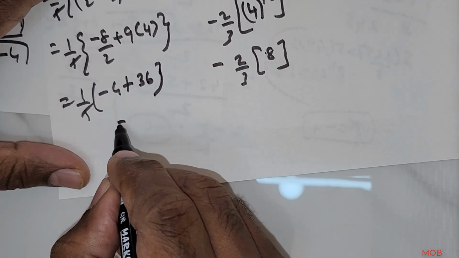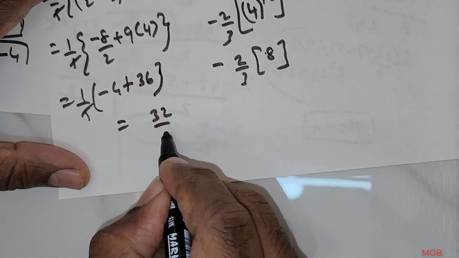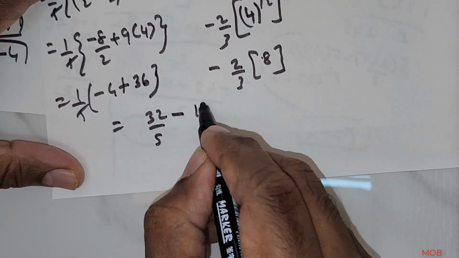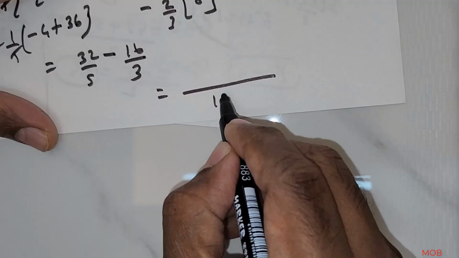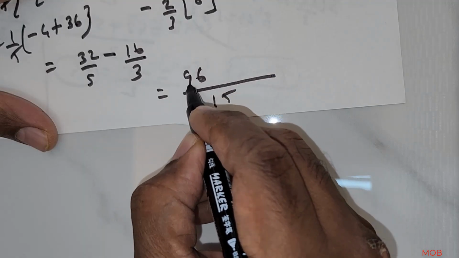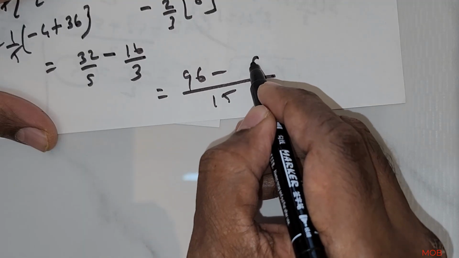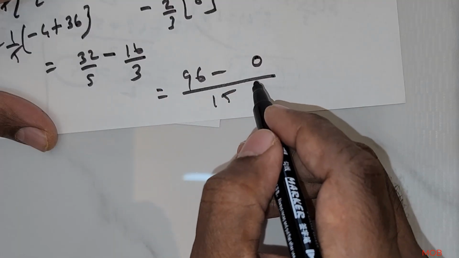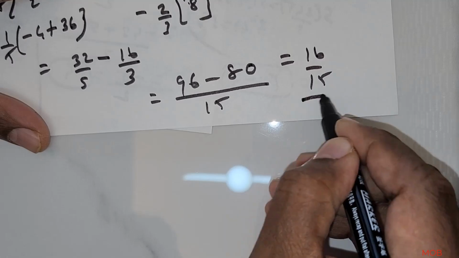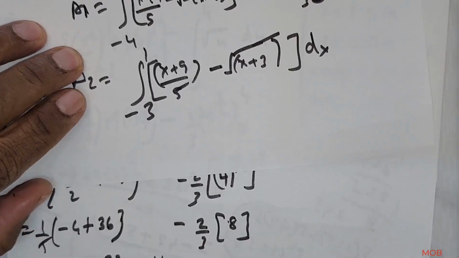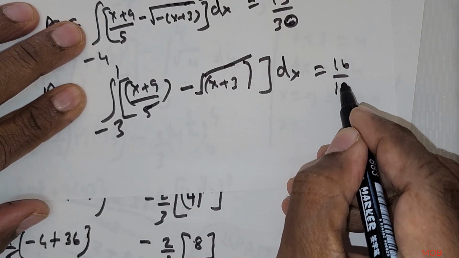So this is going to give me 32 over 5 followed by 16 over 3. So the LCM is 15. So this gives me 16 over 15. Okay. So this is 16 over 15.